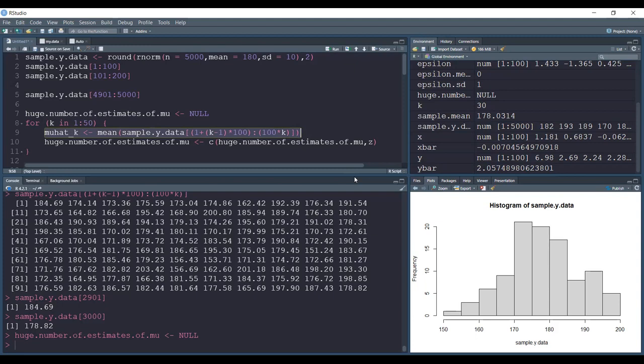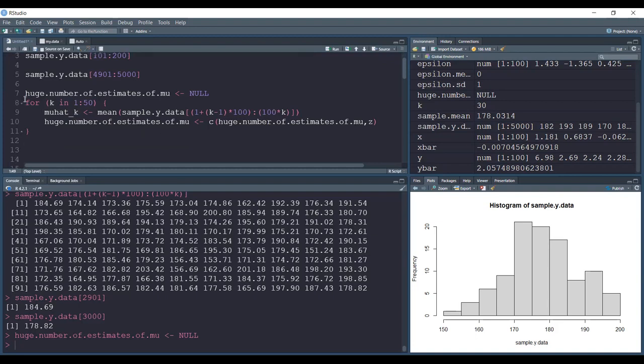The first 100 from surveyor number 1, the second 100 from surveyor number 2. And we're going to calculate the mean for each of these 50 data sets. Each time you're going to expect a number which is close, whatever we mean by that, to 180.